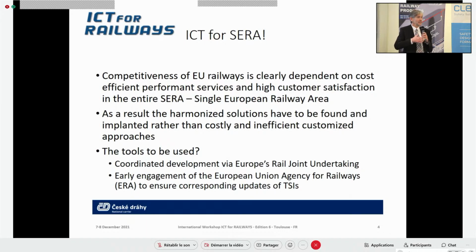And not surprisingly, I had to go back to what has been presented by the previous speakers about the role of Europe's Rail Joint Undertaking and the role of the European Union Agency for Railways, so I don't need to repeat it.